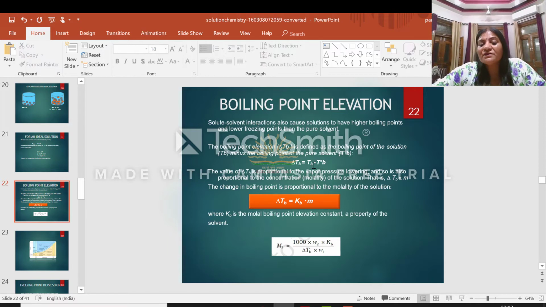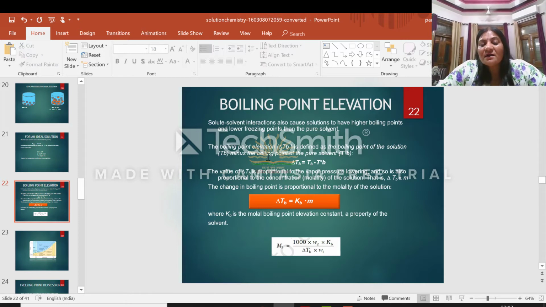Tb is the boiling point of the solution and T0B is the boiling point of the pure solvent. So this is the difference between these two values by the addition of the non-volatile solute. As we have already taken in lowering of vapor pressure, by the addition of a non-volatile solute, the total vapor pressure of the solution decreases.